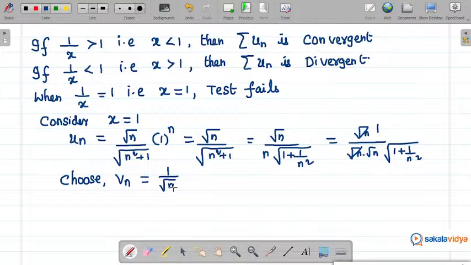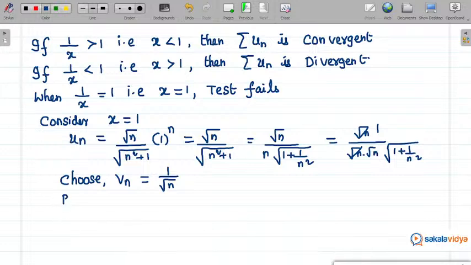So by comparison test, again we need to apply the comparison test. So what do you mean by the comparison test? Limit n tends to infinity un by Vn.